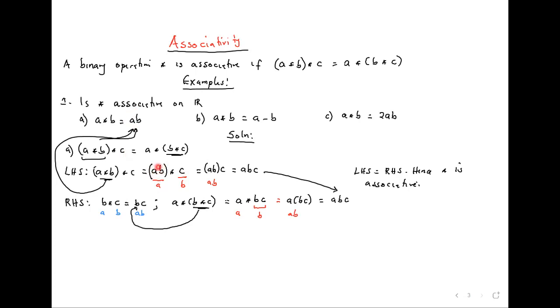So now instead of having A, we have AB. Instead of having B, we have C. When you simplify, you get this. When you go to the right-hand side, the bracket you have is BC. This B has become our A, this C has become our B. So you get BC as a product. And then we have A star B star C, but we know this is BC. So now we have A star BC, and as a product, you get ABC, but the two are equal.